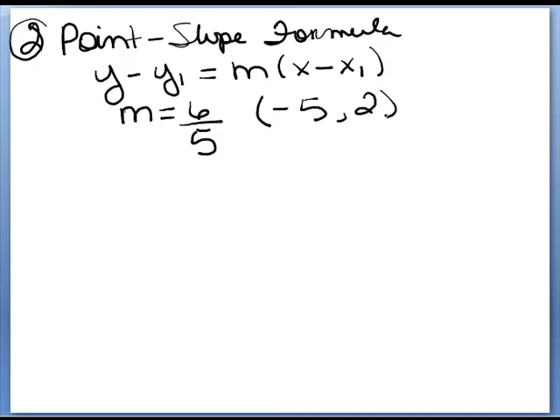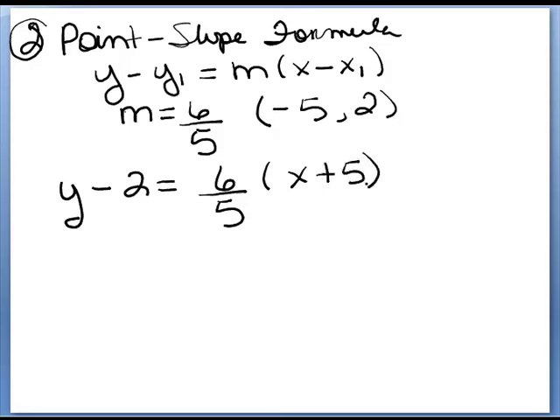Actually, we could have used (0, 8) and used the slope-intercept formula, y equals mx plus b, but it doesn't matter. We can use this method here. So let's substitute. We have y minus 2 is equal to 6/5 times x minus -5, and that becomes x plus 5.